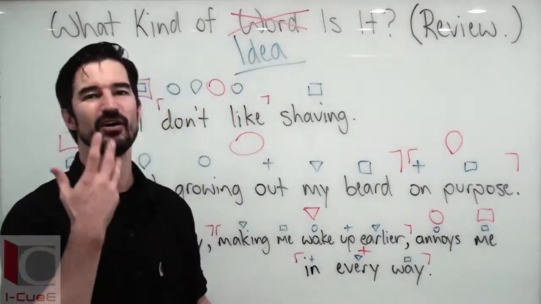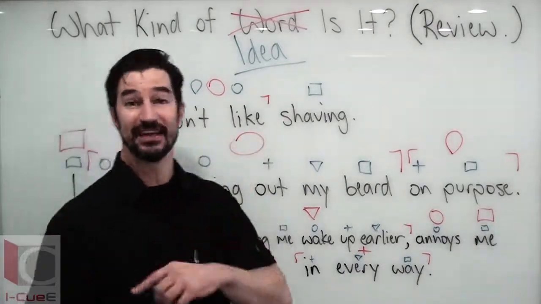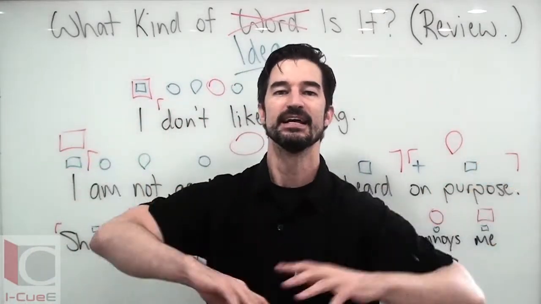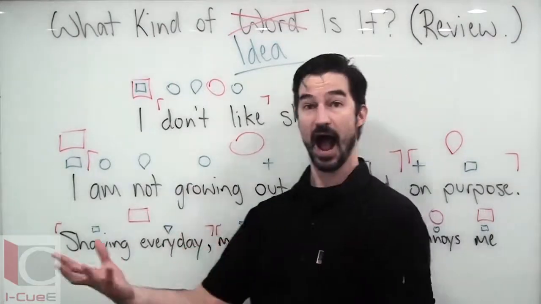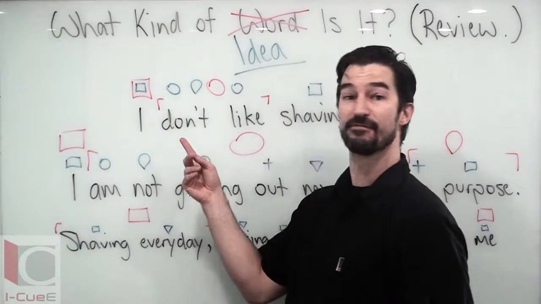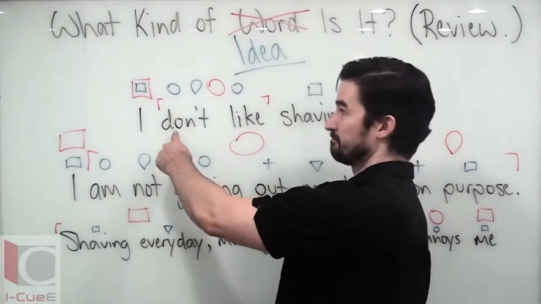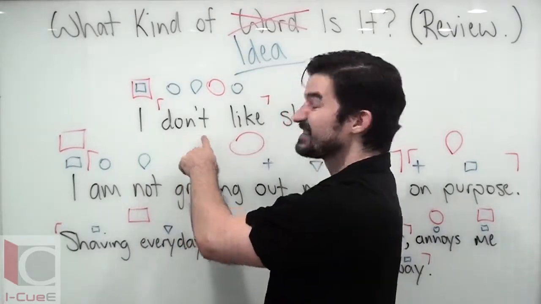I mean, I'll clean it up. Anyway, the point is, I don't like shaving. That is a complete thought. That is a sentence. It has a subject, I am the subject of this sentence. It has a verb, do is a verb. It has an adverb, not.